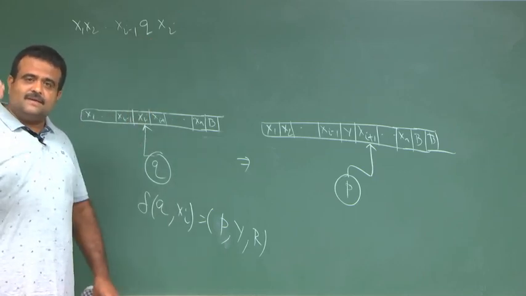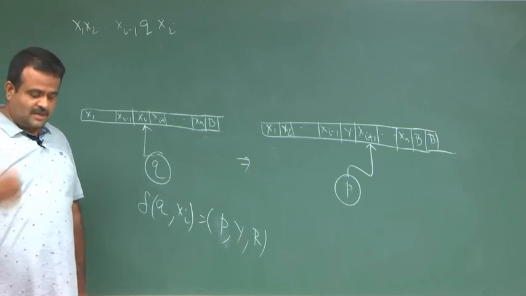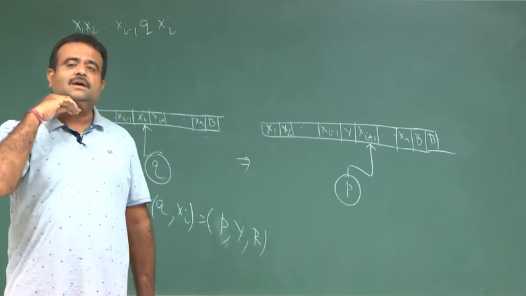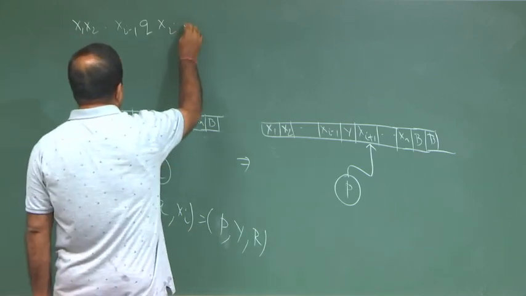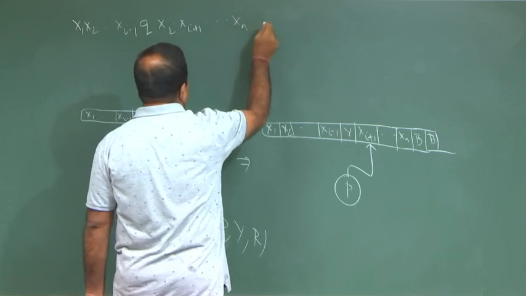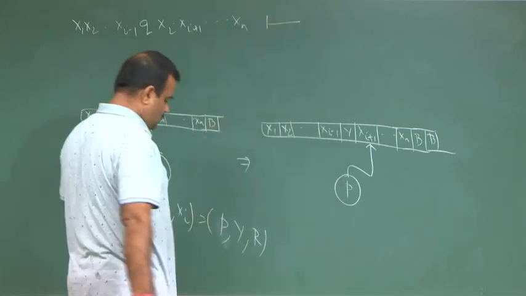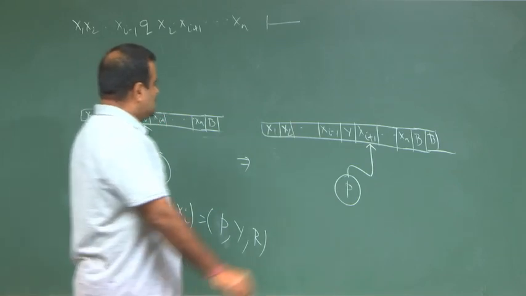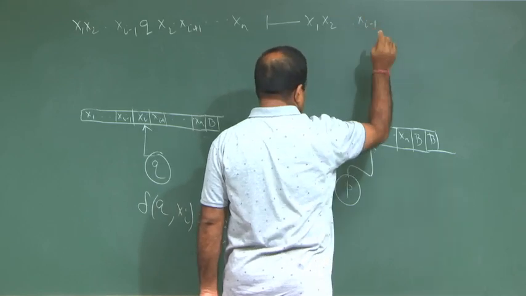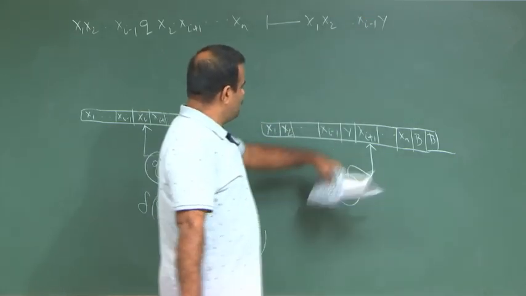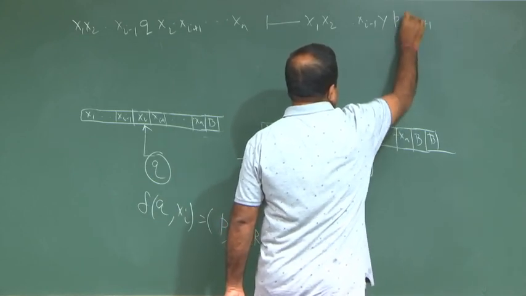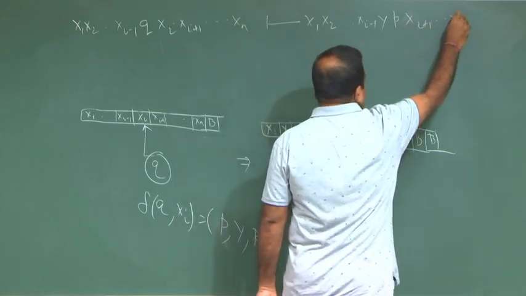So, after the move, the ID is x1, x2, up to xi minus 1, y, and now it is pointing to xi plus 1, so we put p over here, then xi plus 1, up to xn.